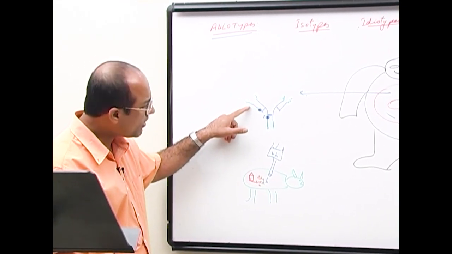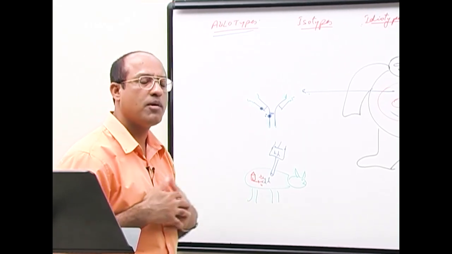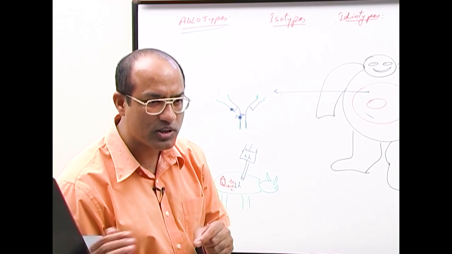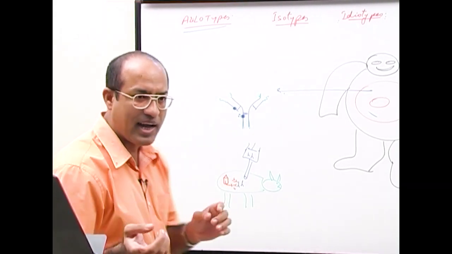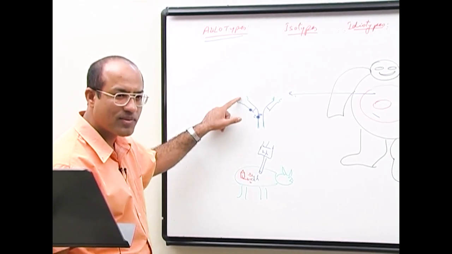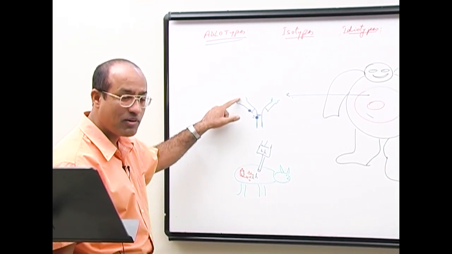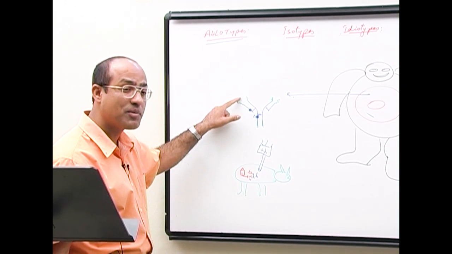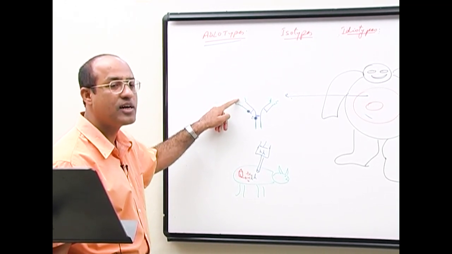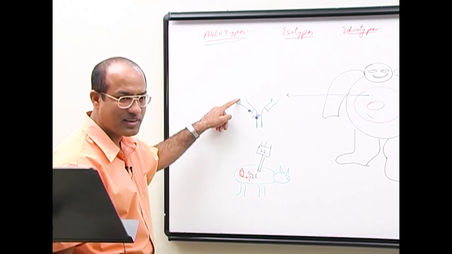Is that right? Now, if you remove all my antibodies and inject them into a donkey, and the donkey makes antibodies against the variable regions of my antibodies, it will make millions of different types of antibodies. We say that it is making anti-idiotypes.